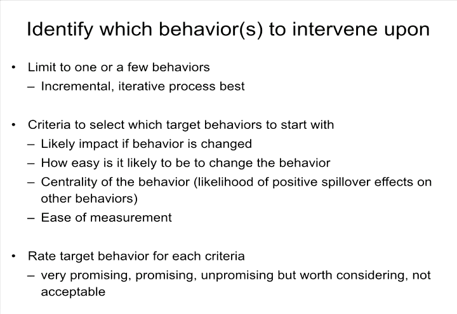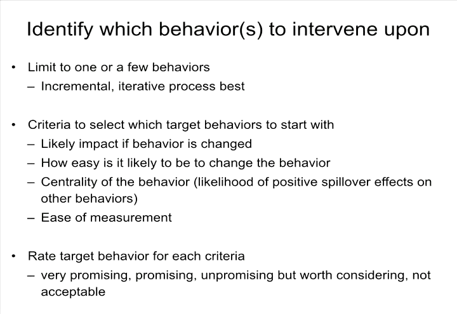How easy it is to change: don't make life harder for yourself than it needs to be. If there's a behavior that you think is easier to change, that's one to change first. How central is the behavior to the problem? If you have a group of related behaviors and you pick one, is it also likely to change some of the other ones? If you're going to have that spillover effect, then it's good to target that one because you may be able to change more than one of them at the same time.